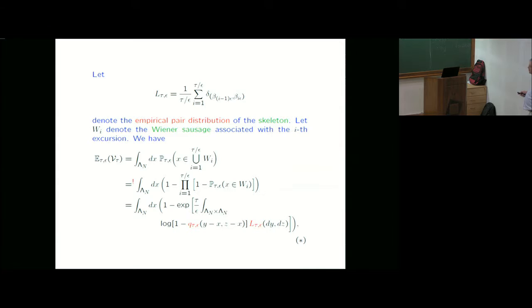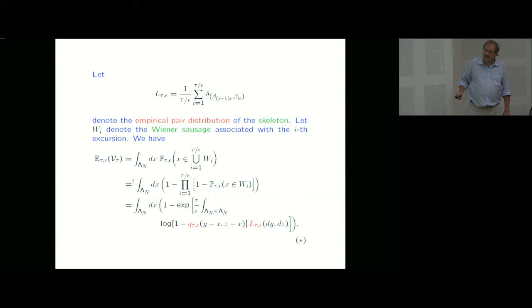Okay, so what do I have? I have an empirical distribution for the endpoints in pairs of the excursions. That is a nice object because it's well described by the Donsker-Varadhan large deviation theory, as we will see.